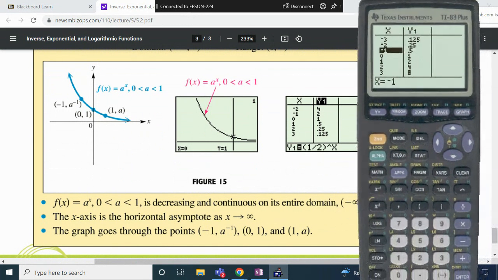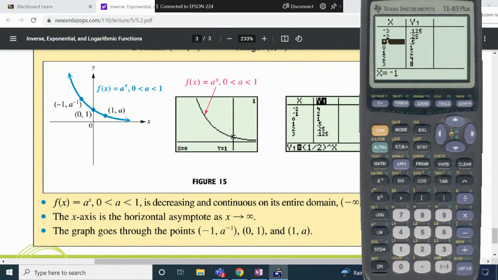So to see an example of this function, I'm going to go back to y equals. I'm going to clear that out, and I'm going to put in 1/2, right? Because that's a number between 0 and 1 raised to the power of x. And if we graph, notice that the graph descends from left to right.